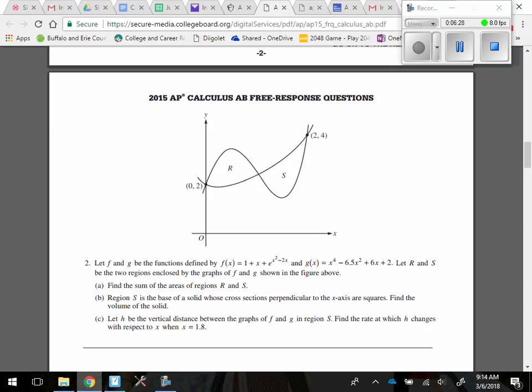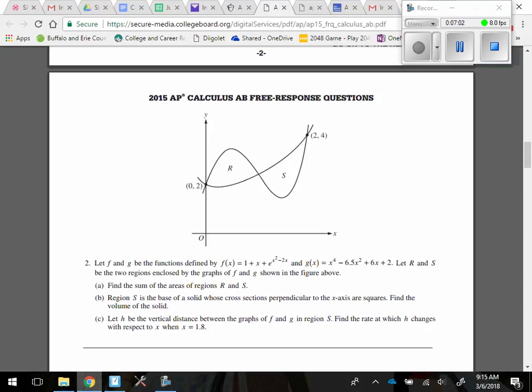All right, so let f and g be the functions defined by, and I'm going to write them again over here. f of x is 1 plus x plus e to the x squared minus 2x, and g of x is x to the 4th minus 6.5 x squared plus 6x plus 2.